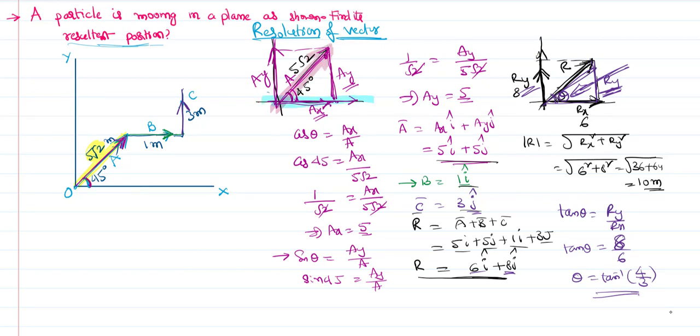Identify how much of that is along the x-axis and how much is along the y-axis, and finally add the components of each vector. You can add the i components, j components, and k components of each vector and find the resultant. And of course, you can also find the magnitude and direction, as shown in this problem.